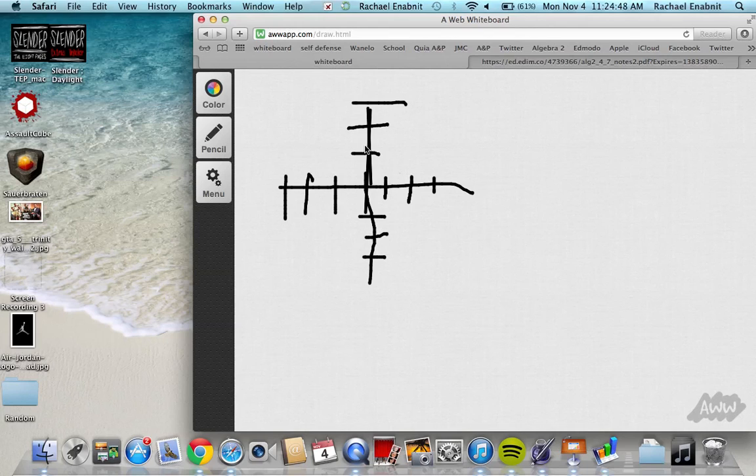The first point P is (1, 0), so put a point right here. The next point is (1, -6), and then (2, -6). So this is the golf club.